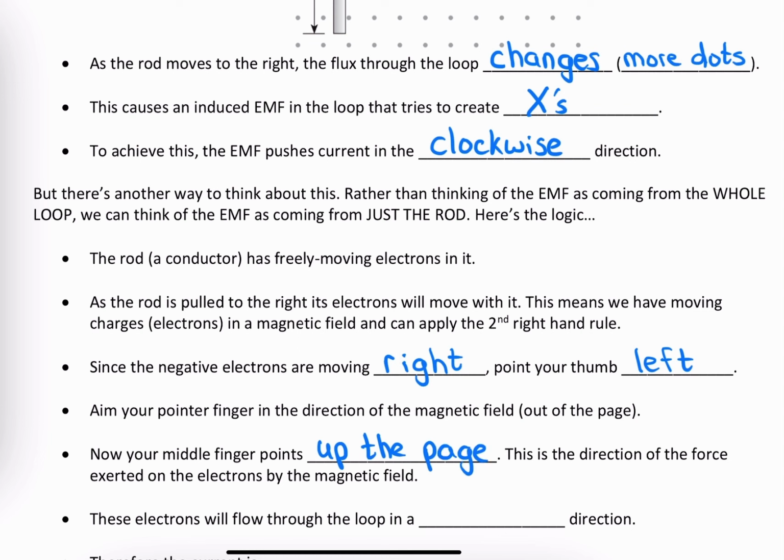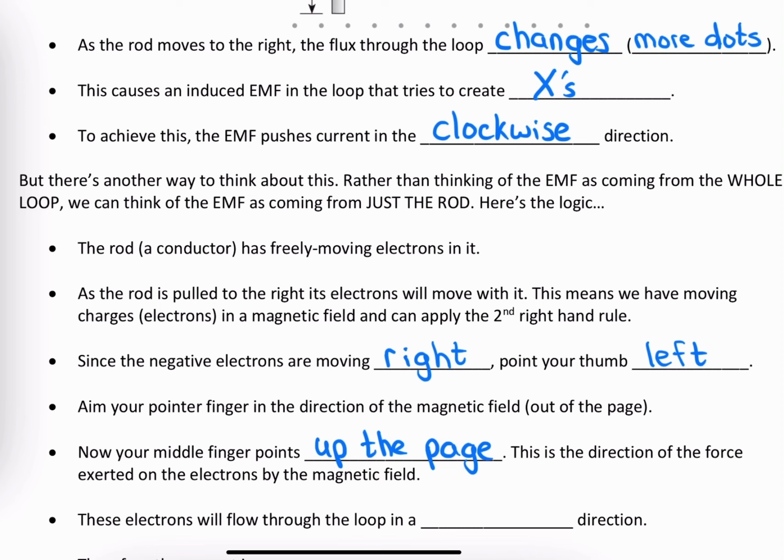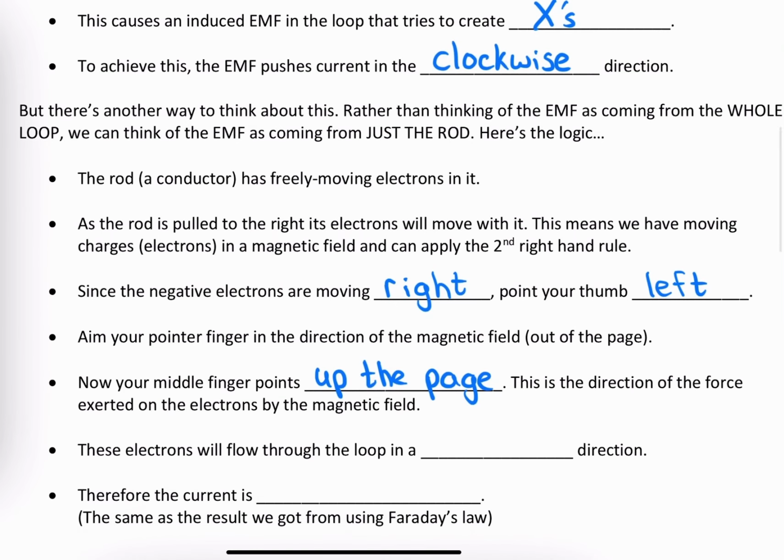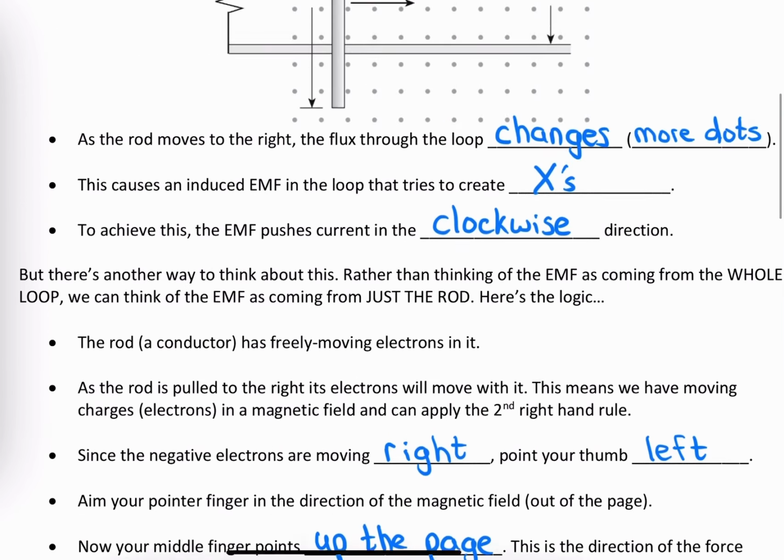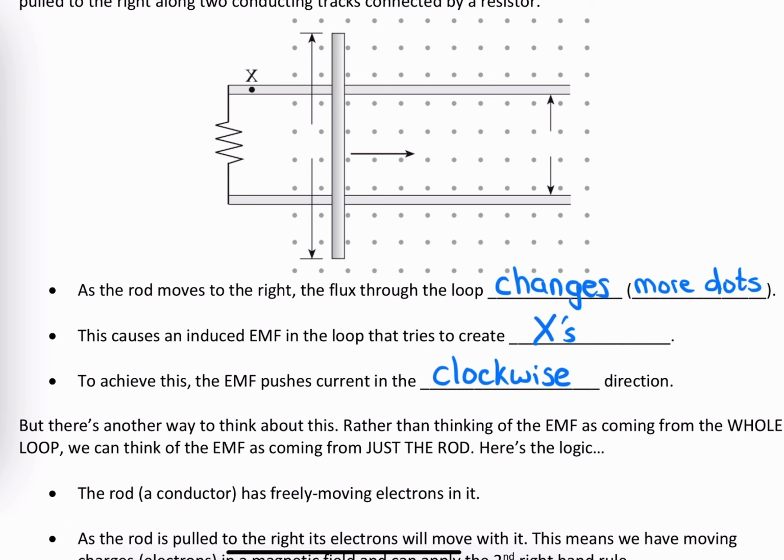This is the direction of the force exerted on the electrons by the magnetic field. So we've applied the second right-hand rule to ask what the force looks like on these electrons as I move this rod to the right. If these electrons are being pushed towards the top of the page, they're going to be moving up this way, like that.